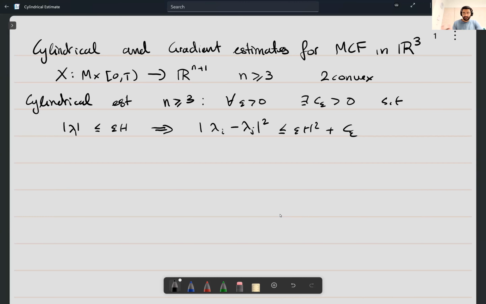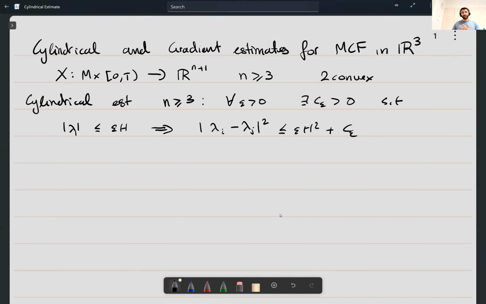So what this means is that if I take some sequence of rescalings about a point where h goes to infinity, then in the limit, all the principal curvatures, except for the smallest one, will all be equal.